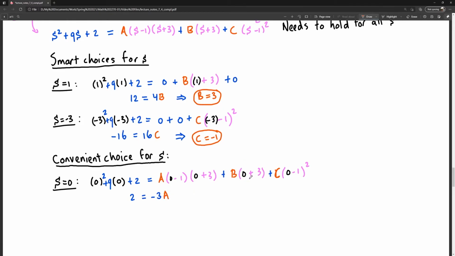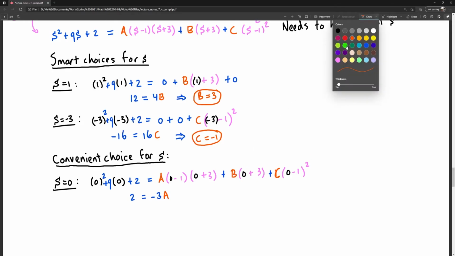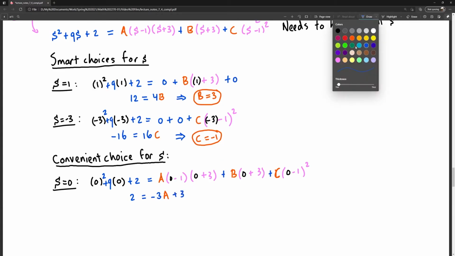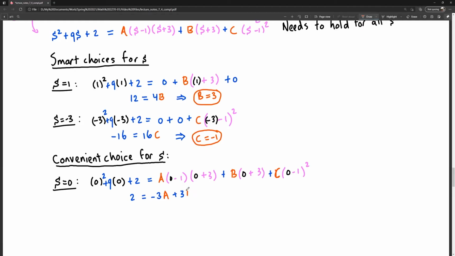And then here we get 3 times B plus 3 times B. And then finally, negative 1 squared gives you positive 1. So finally, we have plus C.